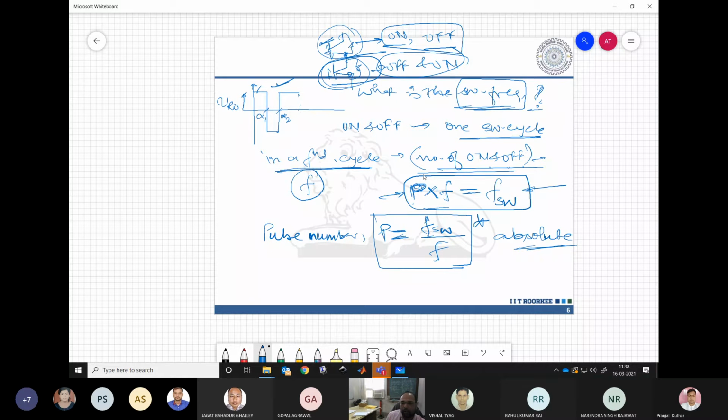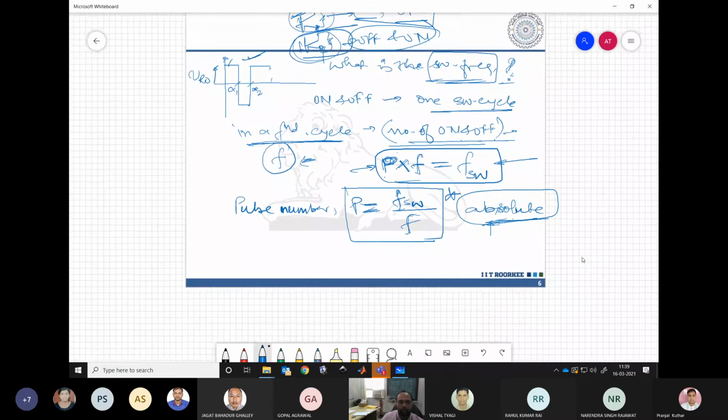Irrespective of what is switching frequency, what is fundamental frequency, this is something absolute because this number is only the ratio of the two. So this is kind of giving the complete understanding about the system that we are dealing with.